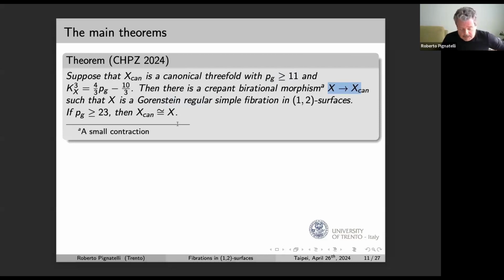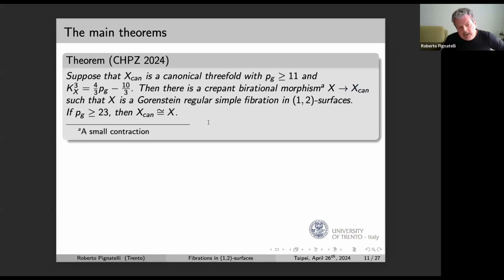So by Kollár, by rational, but the point is that, as I mentioned, the pencil predicted by Chen Zhang is not a morphism. And it's to solve a little bit this point.